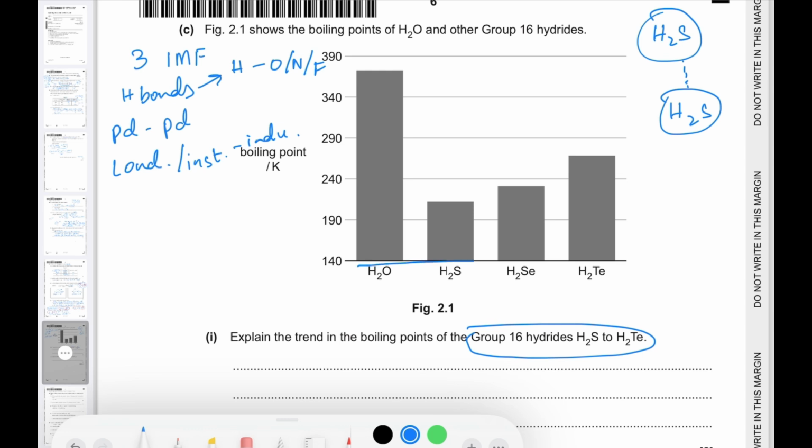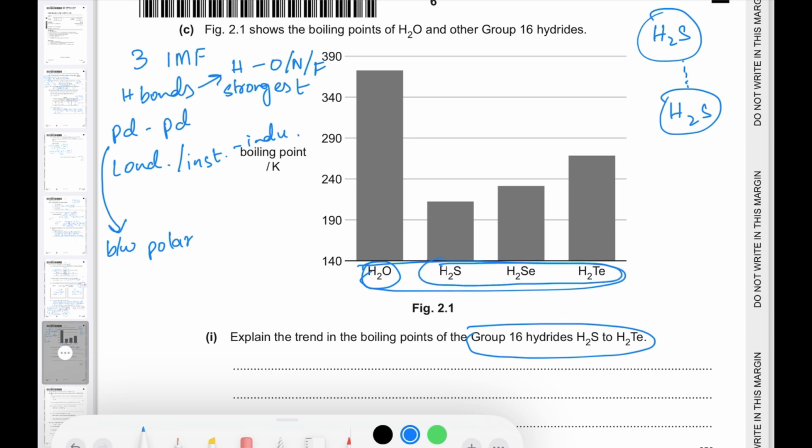Out of these compounds, only water has hydrogen bonding involved in it. This is the strongest form of intermolecular force. Permanent dipole forces are found between polar molecules, that is, molecules that have elements with a large difference in their electronegativities. All of these group 16 hydrides also have permanent dipole forces between them.